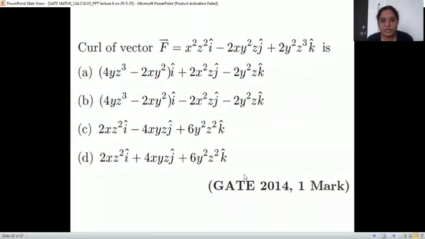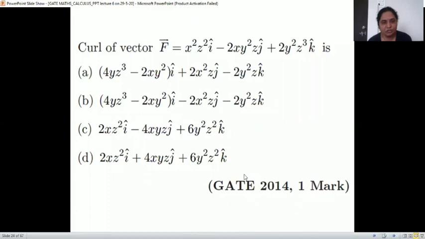Curl of the vector f bar is given to you: x square z square i bar minus 2xy square z j bar plus 2y square z cube k bar. And you have to find curl. Remember, whenever there is curl, there is a determinant, that is del cross f.